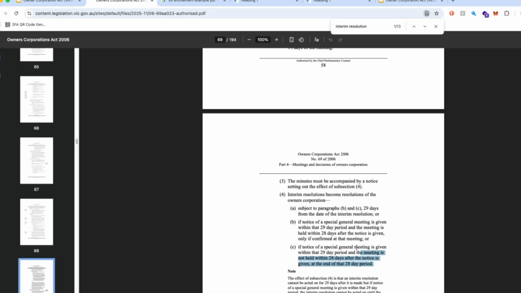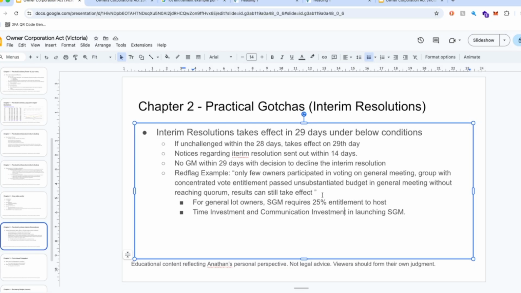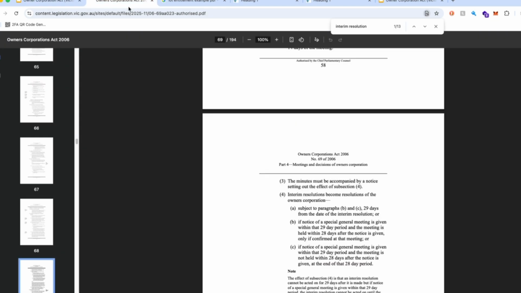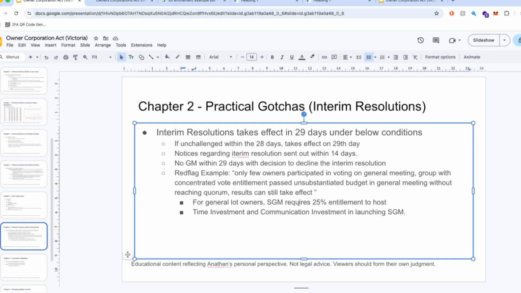and if it's not challenged within 29 days, which if you think about it, if people don't bother to join the AGM to vote, would it be likely that some set of lot owners who want to address it properly would gain enough votes or enough attention to address this bad act item which they found out?